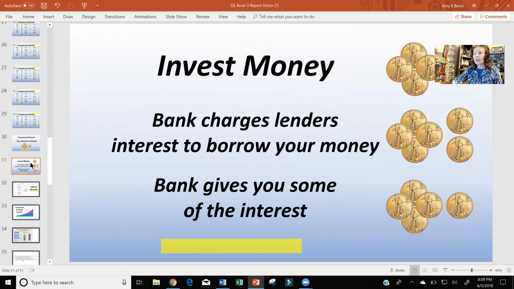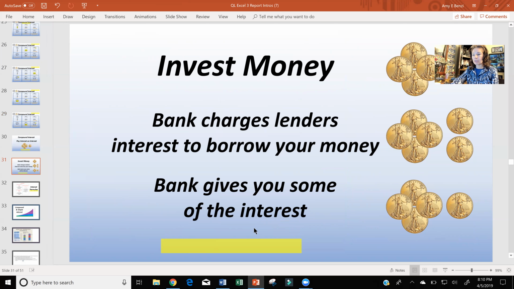All right, so if you invest money in the bank. Let's say instead of borrowing that $4, you're actually going to invest some big amount of money in the bank. Well, the bank charges lenders to borrow that money, just like the interest that we looked at up there. The bank is charging people to borrow that money, and then what they do with your money that you invested is they give you back a piece of the pie.